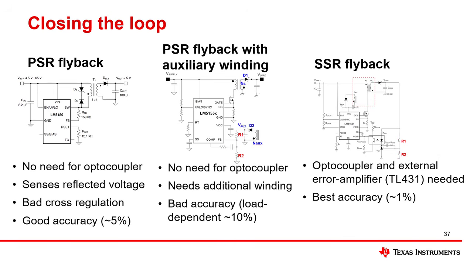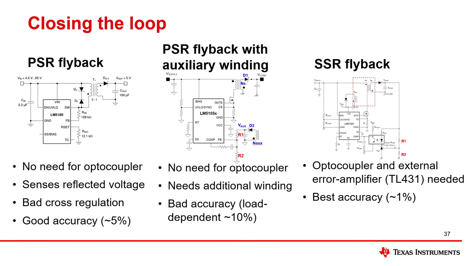There are different ways to close the loop with a flyback converter. There are primary side regulated flybacks, which can regulate the output by sensing the reflected voltage at the switch node. There is no need for an optocoupler then, and the accuracy is good. However, the cross-regulation is bad. It is also possible to have a PSR flyback that uses an auxiliary winding to regulate.